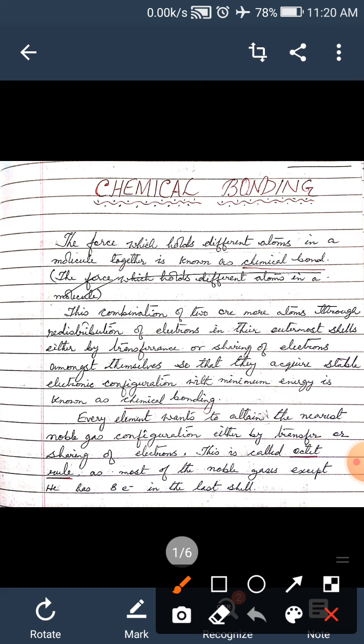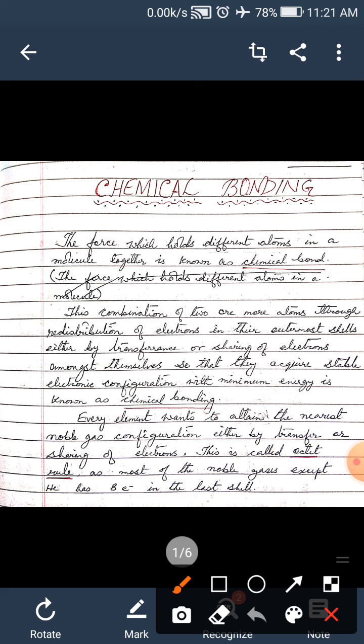When this was studied, it was found that whenever elements have 8 electrons in their valence shell, except helium, they are found to be very stable. So that is why most of the elements try to attain 8 electrons in their last shell to attain stability, and that is the driving force which compels them to react.